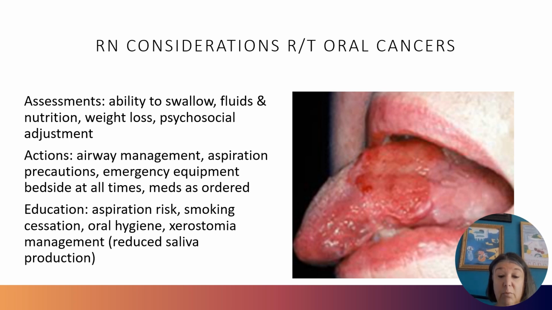Actions: we are going to worry about airway management on these guys. You're going to want to make sure you have emergency equipment bedside just in case. Aspiration precautions, head of bed 30 to 45 degrees at all times. We're going to give meds as ordered. Our person may not be able to verbally communicate, so we're going to use whiteboards.